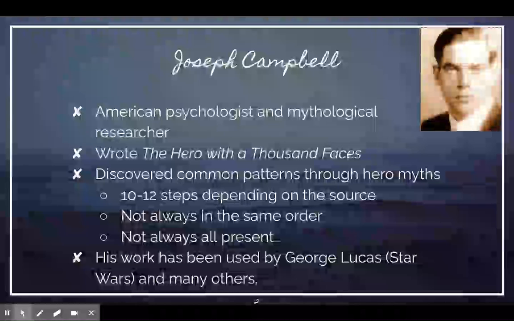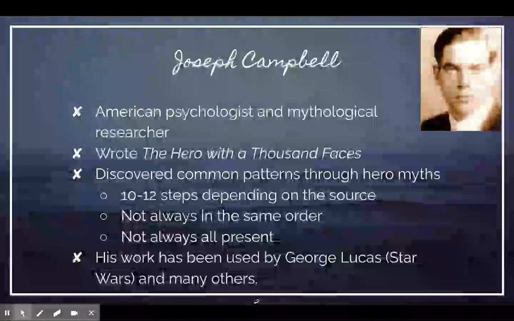He discovered these common patterns and divided them into 10 to 12 steps, depending on the source. The source that we use divides it into 12 steps, and some divide it into more. But these steps don't always go in the same order, and they aren't always all present. Not every single step will be present in every single story, but they are the common steps that we see through all hero stories.